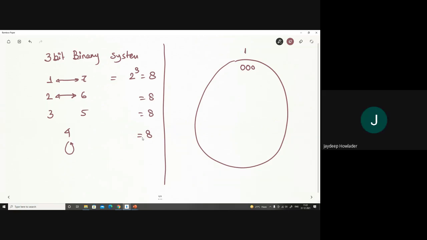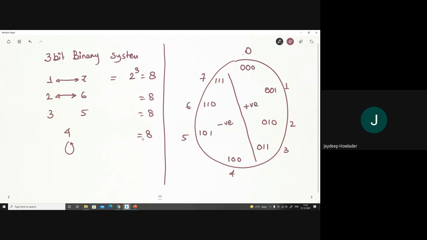So this is 0, 0, 0, then 0, 0, 1, this is 1. Then 0, 1, 0 is 2, 0, 1, 1 is 3. And then we have 1, 0, 0, this is 4. 1, 0, 1 is 5, 1, 1, 0 is 6, and 1, 1, 1 is 7. And we divide the numbers into 2 halves. One is called the positive, and another is called the negative.